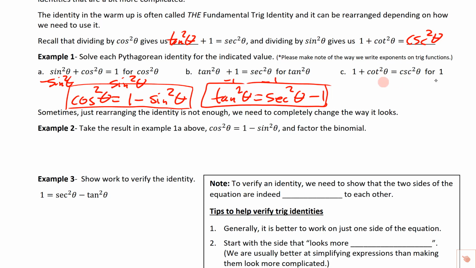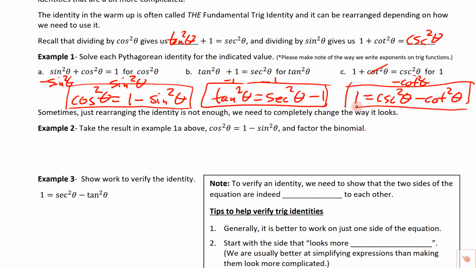And this one's kind of weird. If you wanted to, you could solve this for 1. So you'd do that by subtracting cotangent squared. So if I subtract cotangent squared from both sides, I end up with this. 1 is exactly the same, or in other words, could be replaced with cosecant squared theta minus cotangent squared theta. Now, I mentioned before, we don't use the reciprocal trig functions a whole bunch in this class.